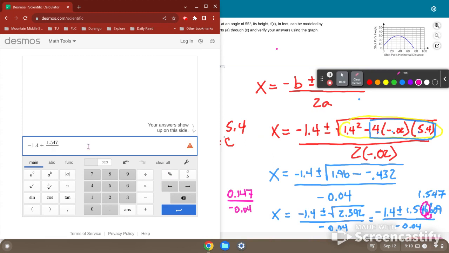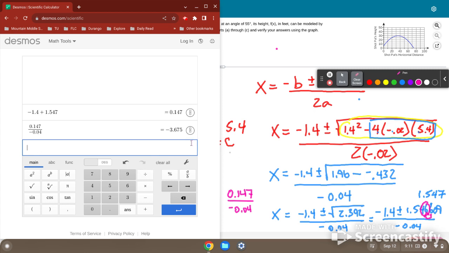Nope, that's messed me up. Let's go back on that. All right, and so we'll press enter. That gives me the answer. And then if I say divided by, nope, that didn't work. It didn't do the right thing. So no worries. I'm going to take 0.147 and divide it by my negative 0.04. And so I get my negative 3.6.